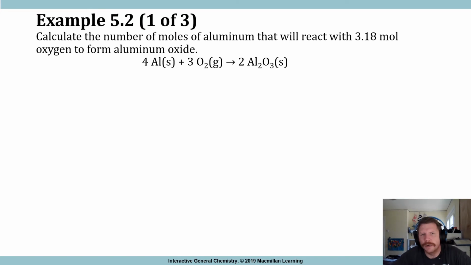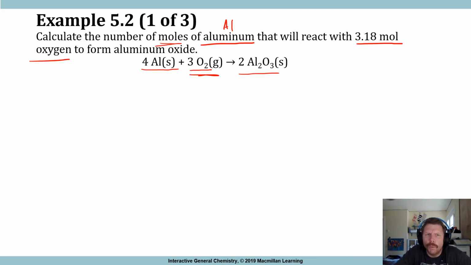So this right here is a great question because it says, calculate the number of moles of aluminum, Al, that will react with 3.18 moles of oxygen to form an aluminum oxide. So what do we have here? We've got a balanced chemical reaction that tells us, and I'm going to use the language of moles because that's what our question gives us, 4 moles of Al will react with 3 moles of O2 to produce 2 moles of Al2O3.